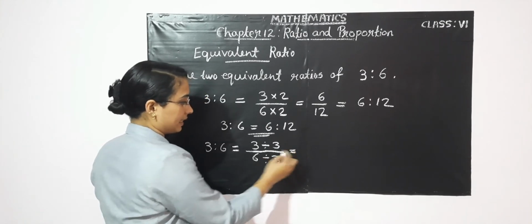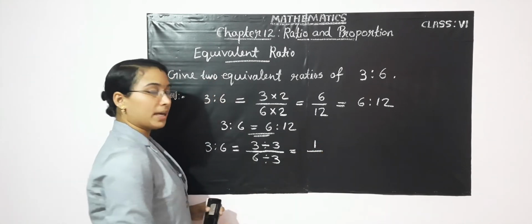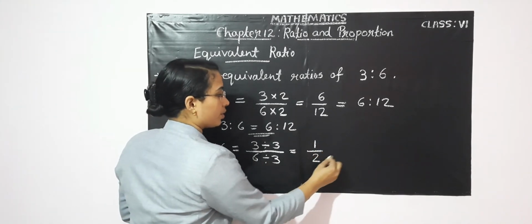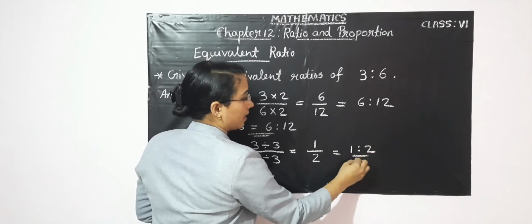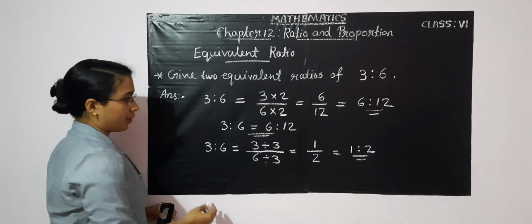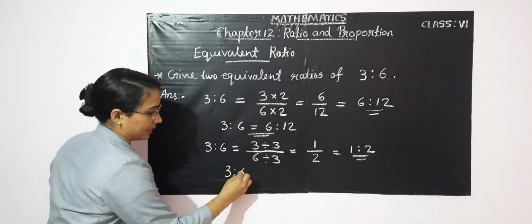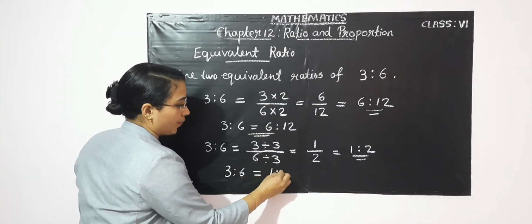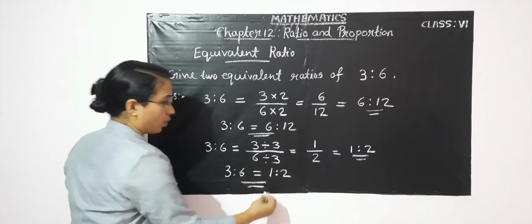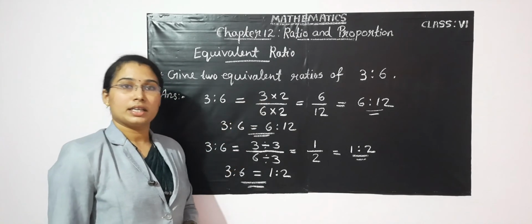Then what is the answer? 3 divided by 3 equal to 1 and 6 divided by 3 equal to 2. So we can write 1:2. Okay. So 1:2 is another equivalent ratio for 3:6. So we can write 3:6 equal to 1:2. This way, so many equivalent ratios we can find for the given ratio.